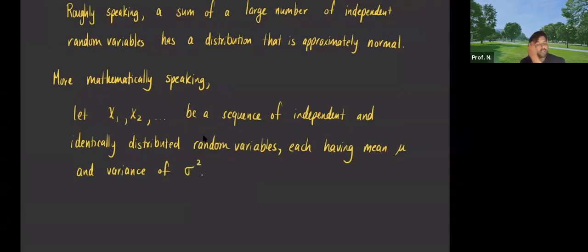Each one has the same mean and the same variance because they're identically distributed. They're the same random variable, just copies of them.